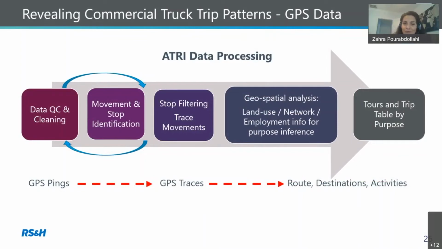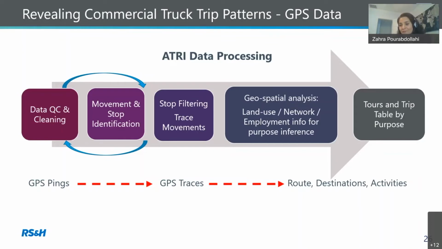This graphic shows the process, basically. It started with general QA, QC, and some cleaning, then identifying the moving and stop records, and then stop filtration and tracing movements. Then we moved to geospatial analysis to infer the destination and location and the route options.